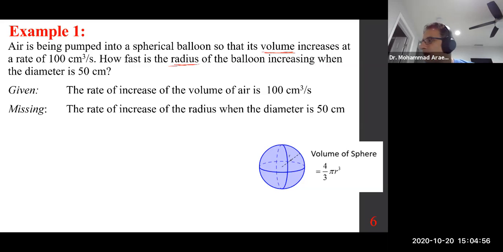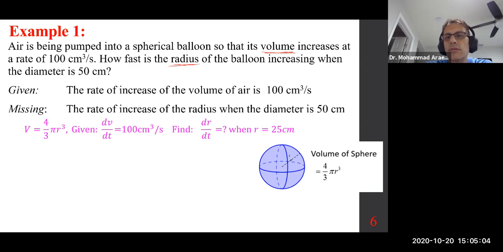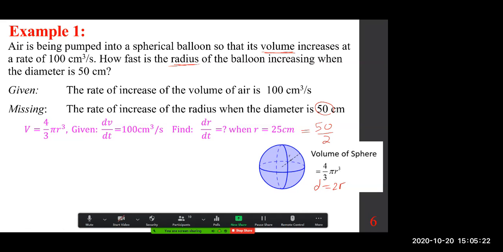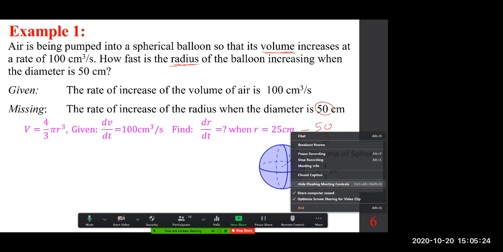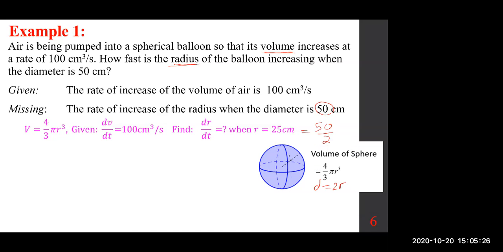We are interested in finding dr/dt at a specific moment when r is 50/2. You recall that d equals 2r. So let's move on with the process of differentiation.